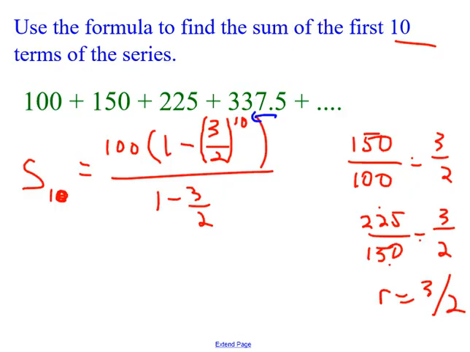So now we're going to try and type this in our calculator. The other thing when you're going in your calculator that I want you to watch out for is we also need parentheses around the bottom, because I want that to be one number.